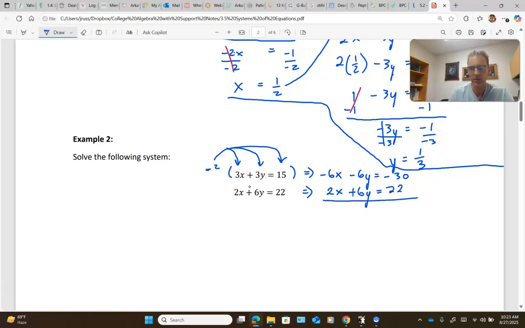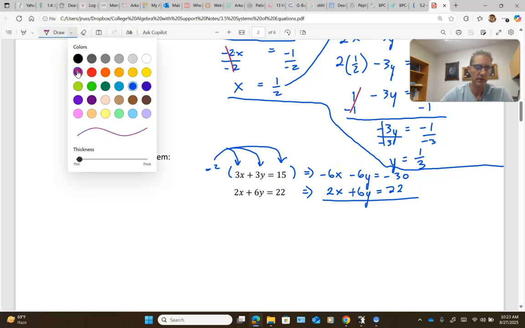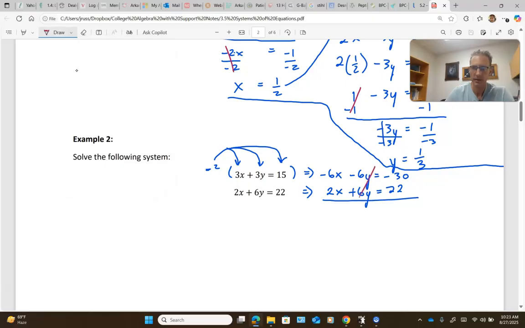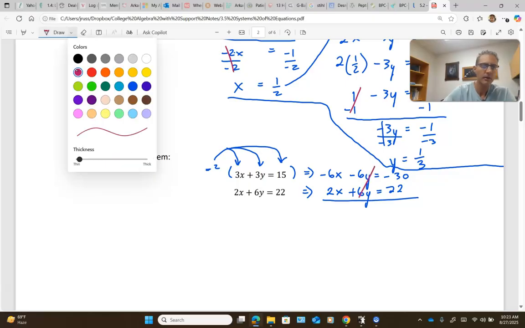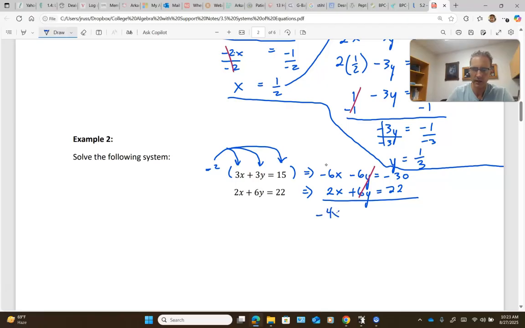Now, guys, you can see that when I add these columns, my y's will eliminate, right? Because they're opposites of each other. So I can go ahead and cross those out. Now I need to add my other columns. -6x plus 2x will be -4x.